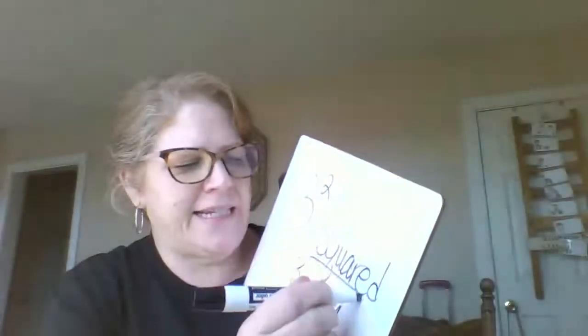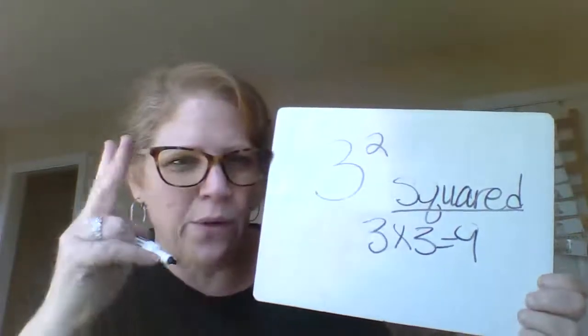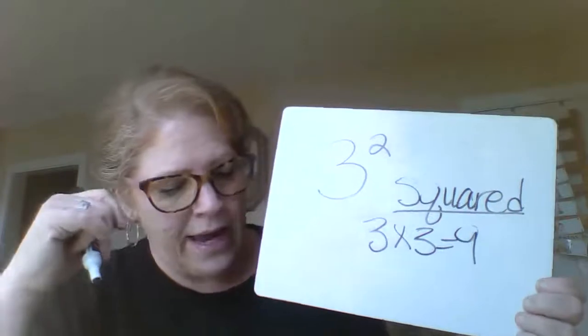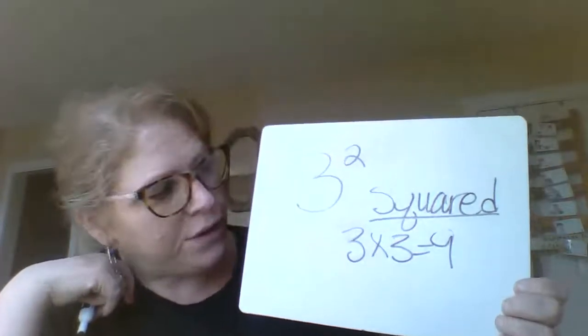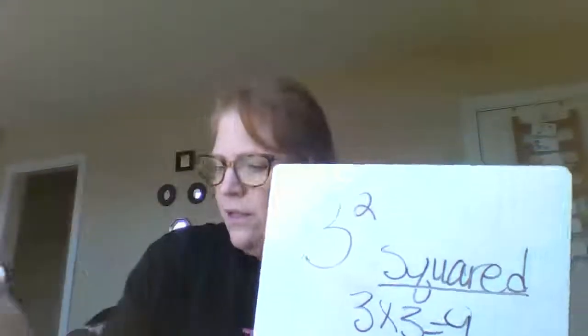So squared is any time you raise a number to the second power. Any number to the power of 2 can be expressed as saying that number squared. So it could be 6 to the power of 2, 10 to the power of 2, 15 to the power of 2.